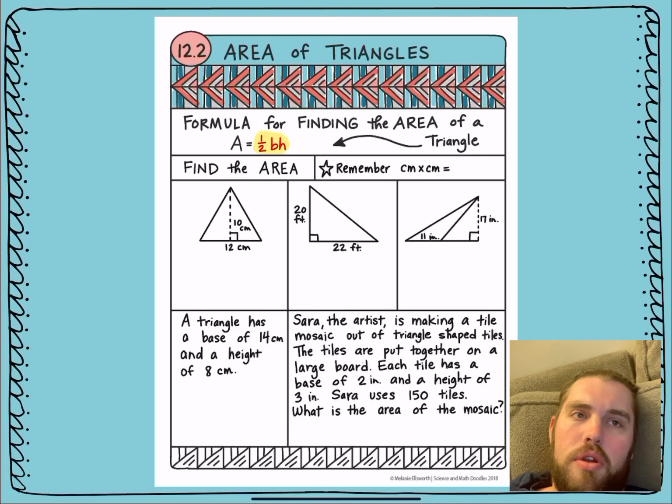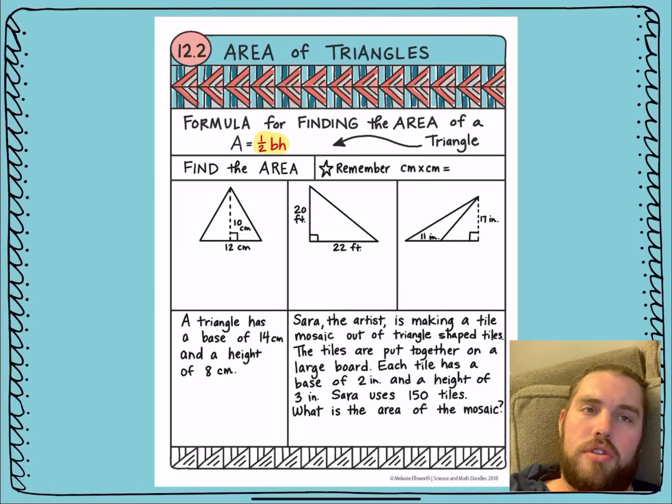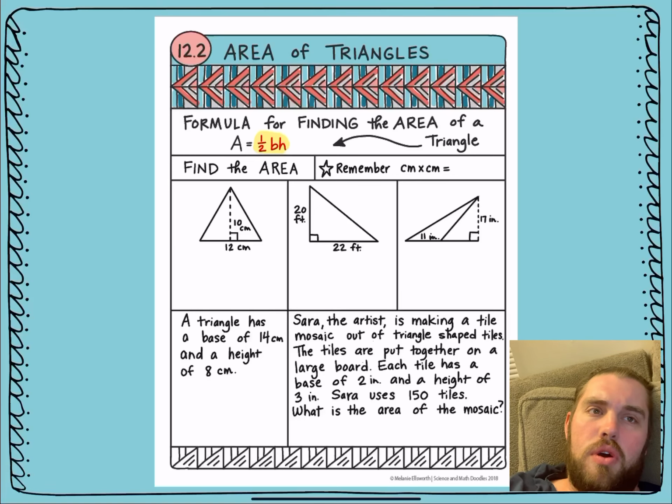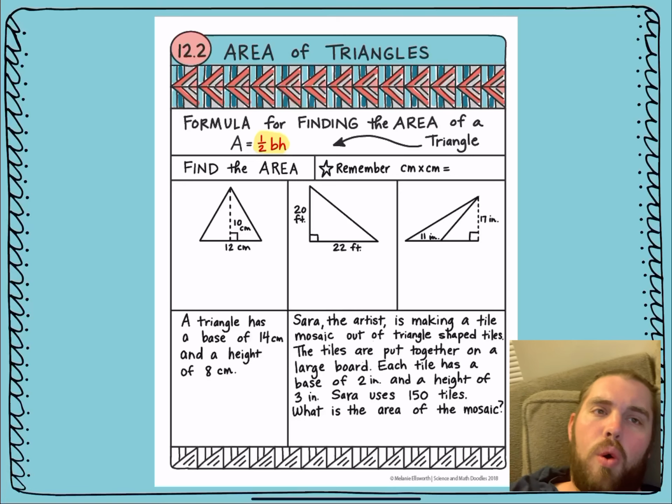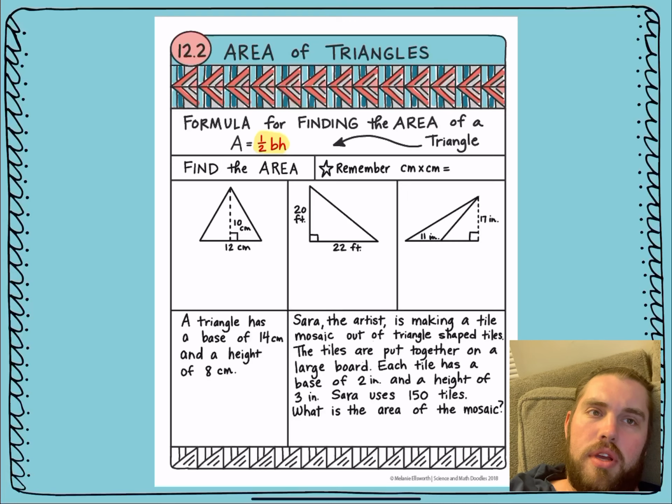So what I want to do is look at area of triangles today, that's what we're going to be looking at and focusing on. To know this, you have to know that the formula for finding the area of a triangle is always the same. It's 1/2 times base times height.